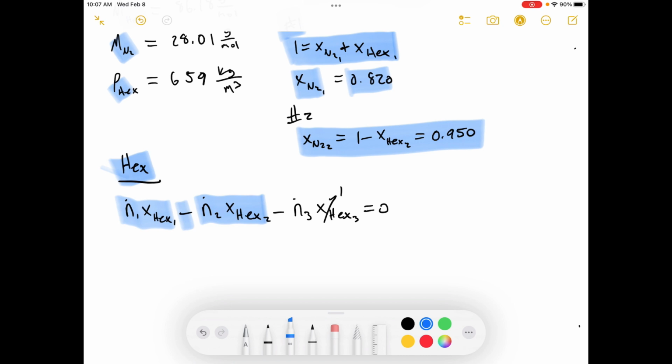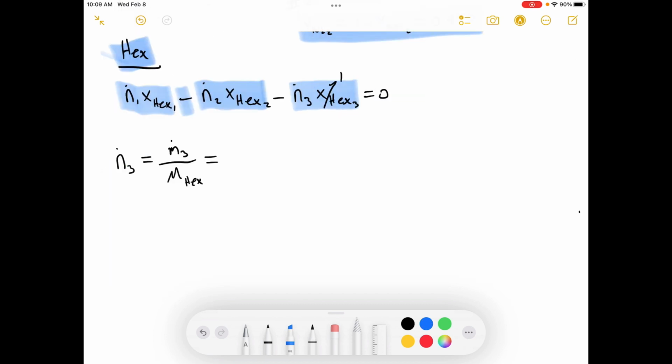That's the molar flow rate of stream 2 times the mole fraction of hexane in stream 2. And then the same thing for stream 3. We have a molar flow rate in stream 3, and then we have a mole fraction leaving stream 3, except that mole fraction is equal to 1 because only hexane is leaving stream 3. So that just goes to 1, and we're just left with the molar flow rate in stream 3.